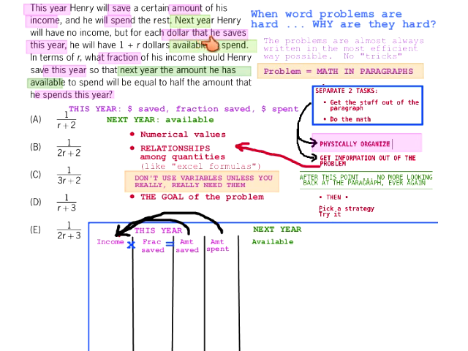And then for each dollar that he saves this year, what does that mean? For each dollar that he saves this year, he will have 1 plus R dollars available to spend. What does that mean in terms of math operations?